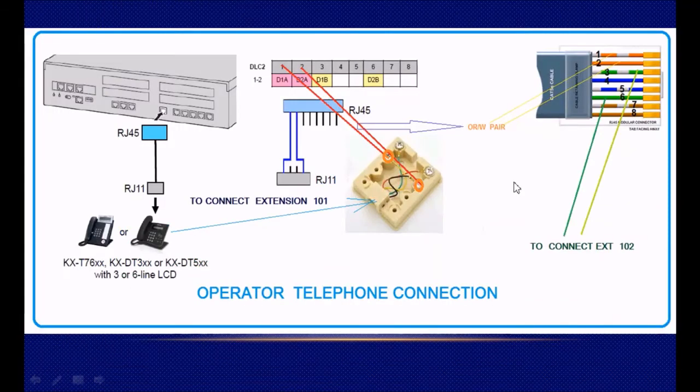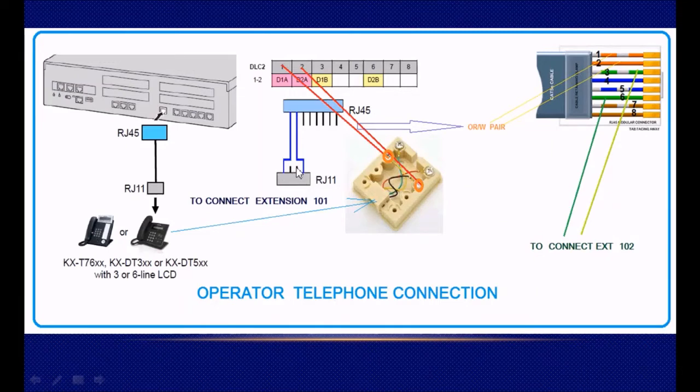In details, orange white and orange will be used for connecting extension 101, but we must connect it to number 1 and 4 on the connection box, which is the outer pin 1 and 4.